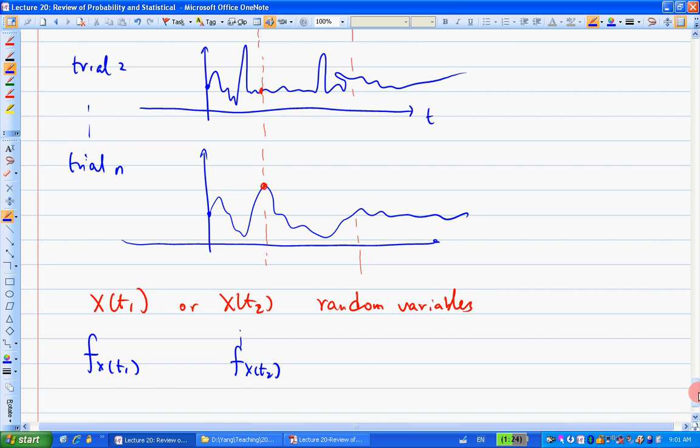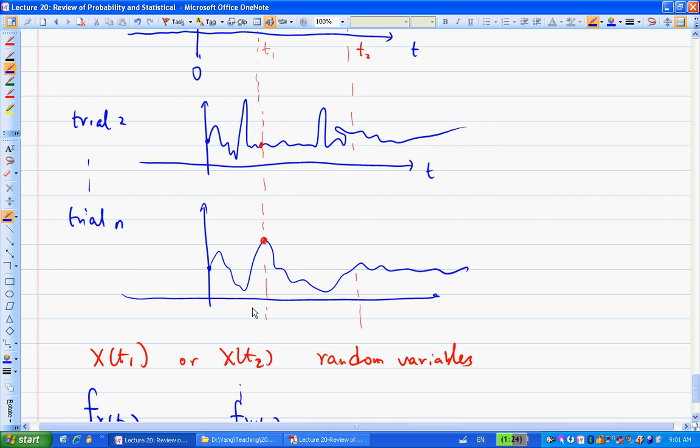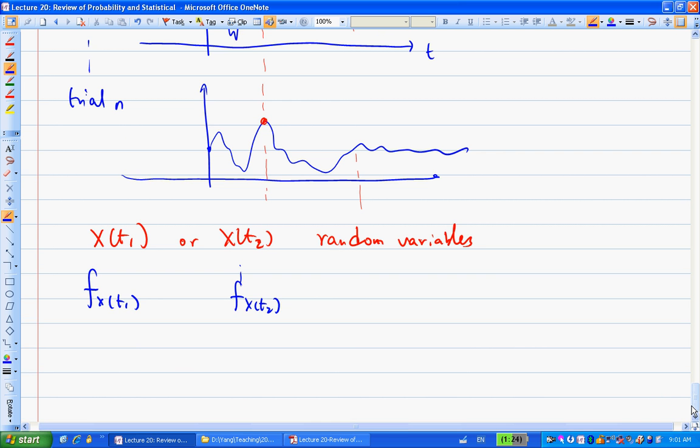And if you add all the points up and divide by the total number, you get a mean value, right? So at each instant you get a mean value, depending on what you take. If you compare these two instants, you want to see whether there is any relationship between the two time instants t1 and t2.